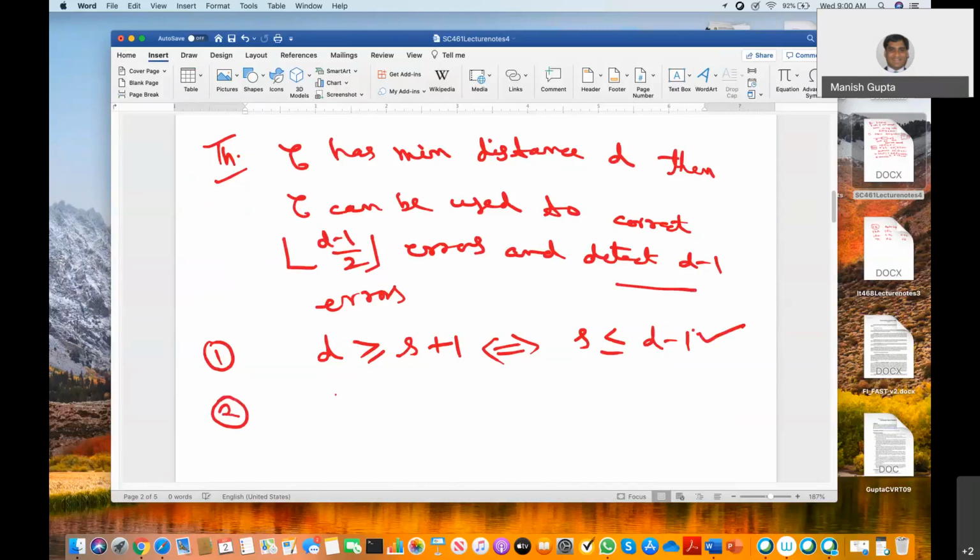Second result, when the minimum distance is at least 2T plus 1, this condition is true if and only if T is less than or equal to (d minus 1) by 2, right? So we can put this floor. So this result holds. It can correct up to (d minus 1) by 2 errors. T is the number of errors it can correct, right?